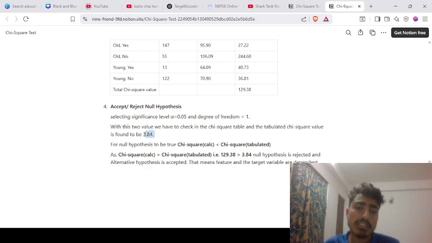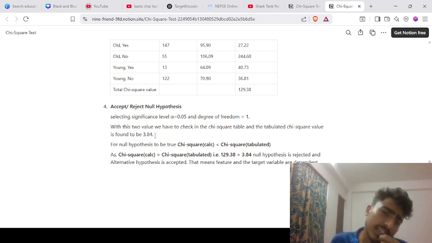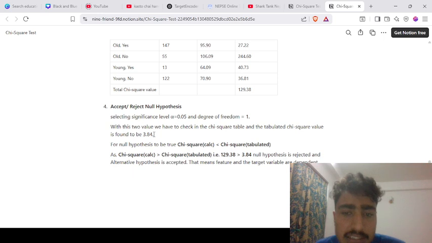the chi-square value is 3.84. Now for the null hypothesis to be true, the chi-square calculated should be less than the chi-square tabulated. That means the chi-square value we have calculated must be lesser than the chi-square table value, so that we can accept the null hypothesis. Otherwise, in case the chi-square calculated value is greater than the tabulated value, we're gonna reject the null hypothesis and accept the alternative hypothesis.